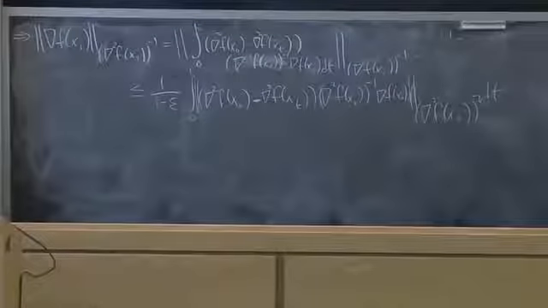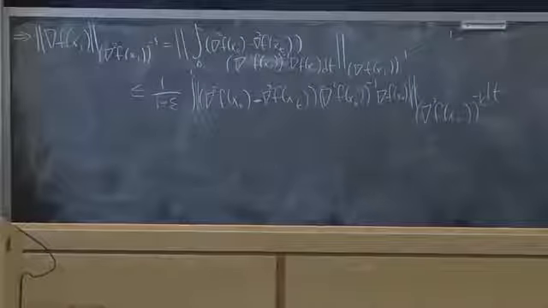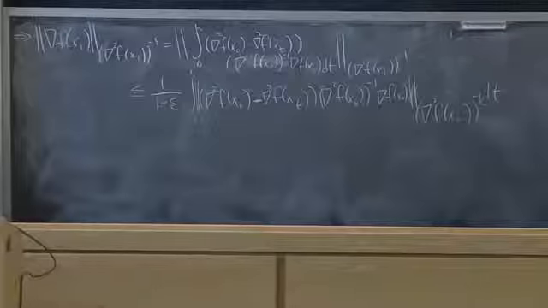Okay, sorry, conceptually there's not really a whole lot going on here, but it's just a lot of symbols. So, okay. But you should definitely interrupt me if something looks fishy.